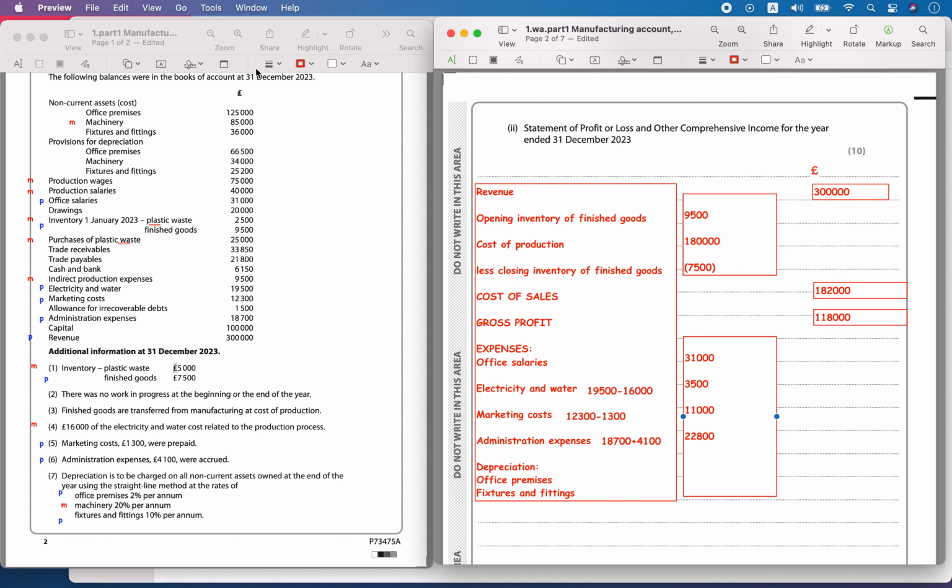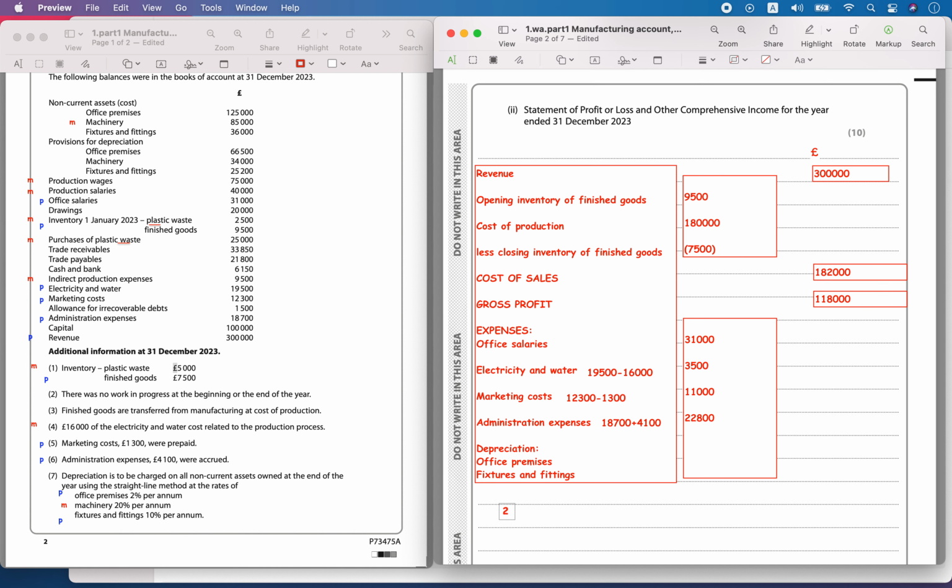So 2% of 125,000 is going to be around 2,500. That is the expense for the office premises depreciation charge.